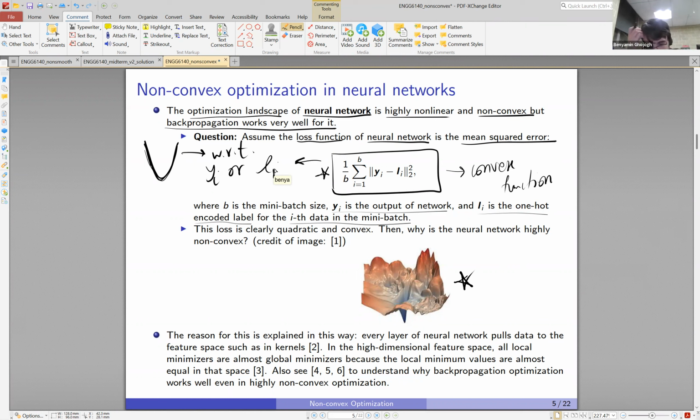For example, in the simplest case, assume you have only two layers in your neural network, and each of these lines will have a weight. So in this simple neural network, you'll have 2 times 3, 6 weights. So your optimization variable in this neural network will be 6-dimensional: W1, W2, W3, W4, W5, W6.